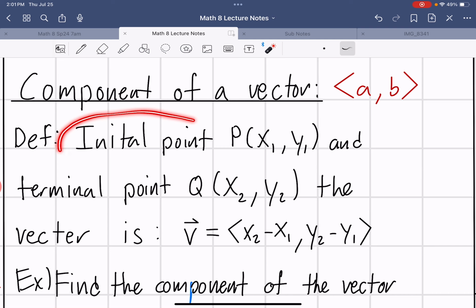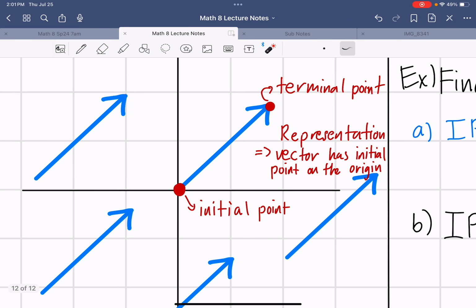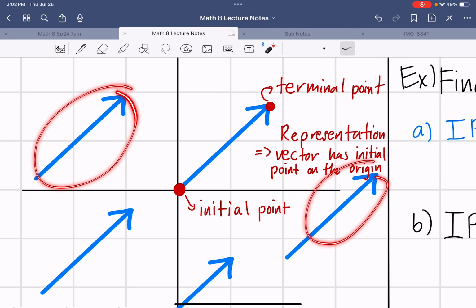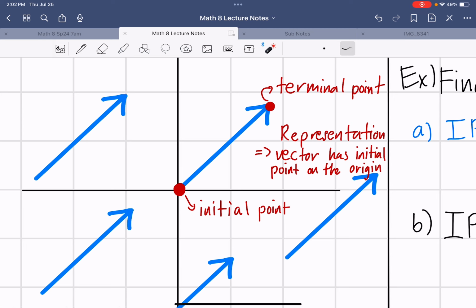Like I said, we have an initial point. Now the representation vector is at the origin, which is where x is 0 and y is 0. But that doesn't mean, right, we said the position can be anywhere. So all these vectors have a slightly different initial point, slightly different terminal point.